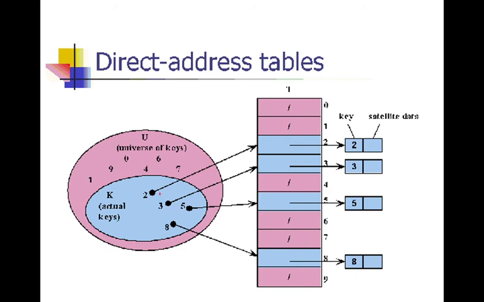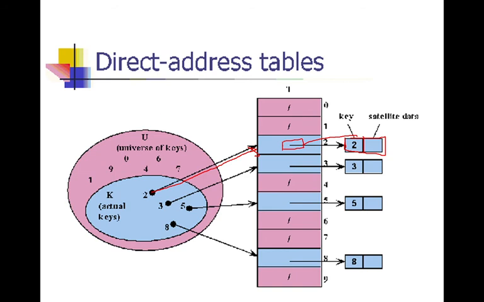This is a direct addressing table, basically a 1D array. Here this is cell 0, cell 1, cell 2, cell 3, 4, 5, 6, 7, 8 and 9. When we have to store key number 2, we directly go to slot number 2 and store it here, right? Here the pointer may be stored, and the pointer may point to a node or a structure or whatever where the actual value is stored.